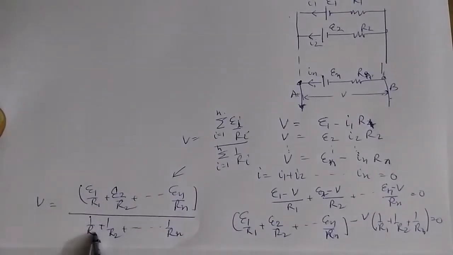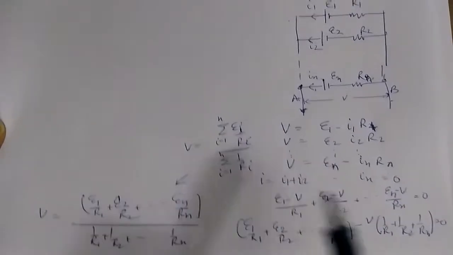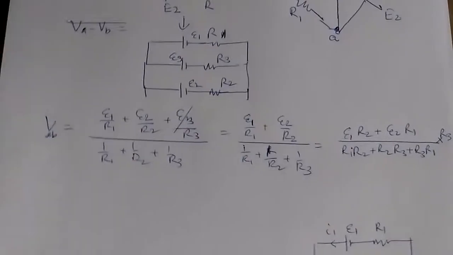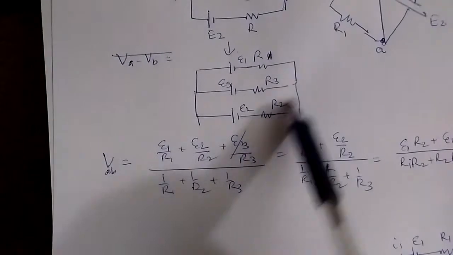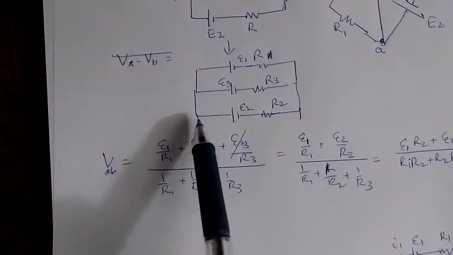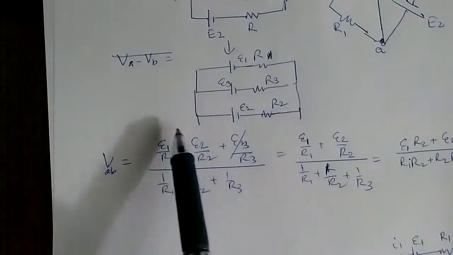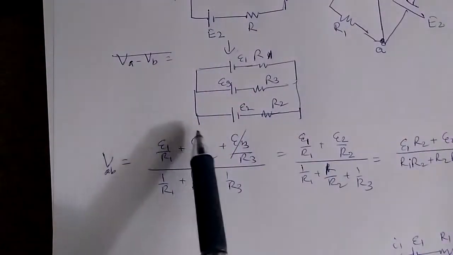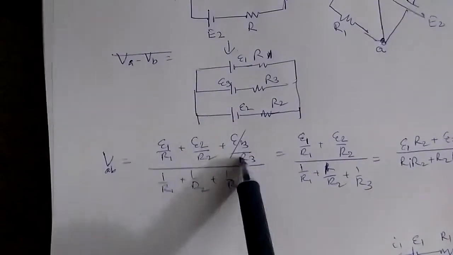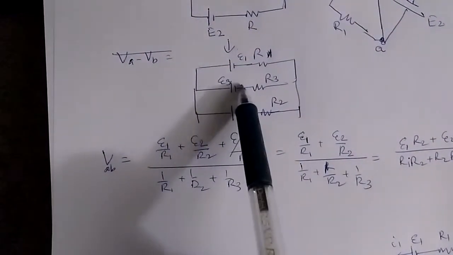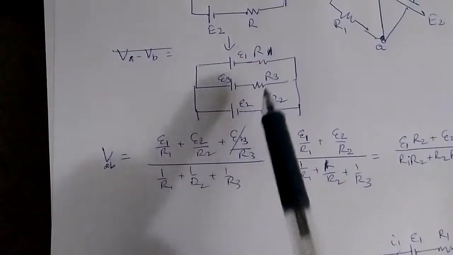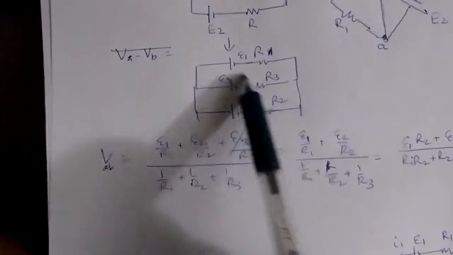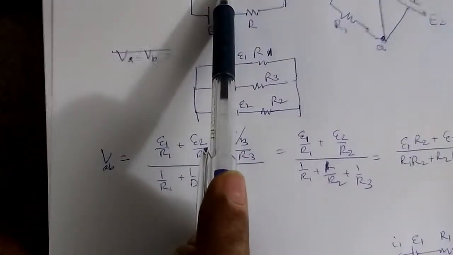With this proof, which is easy to remember, the voltage between points A and B is epsilon 1 upon R1 plus epsilon 2 upon R2 plus epsilon 3 upon R3, where epsilon 3 is the additional voltage source we have added to calculate our problem. Now this epsilon 3 is 0 because there is no voltage source over here.